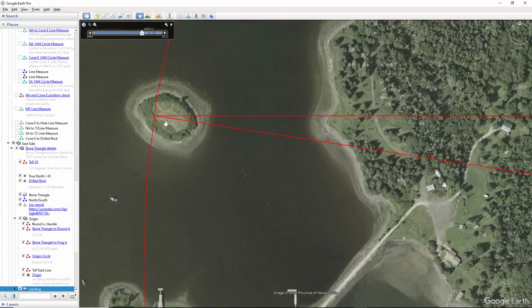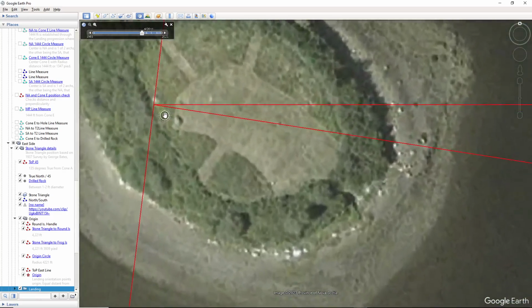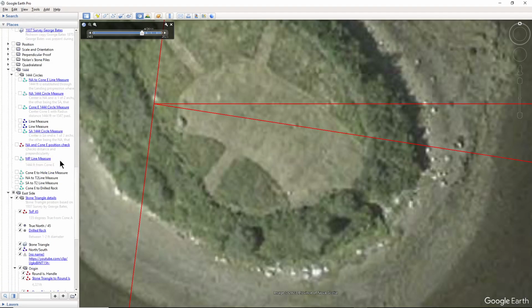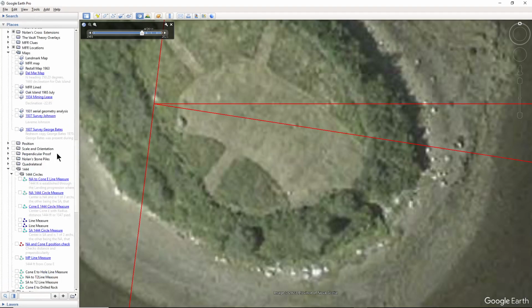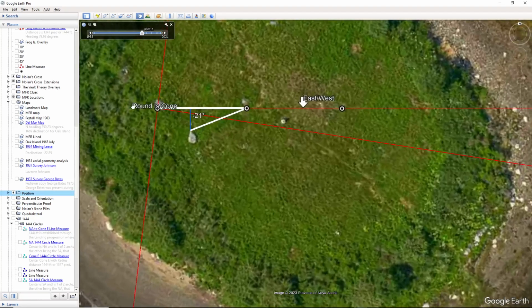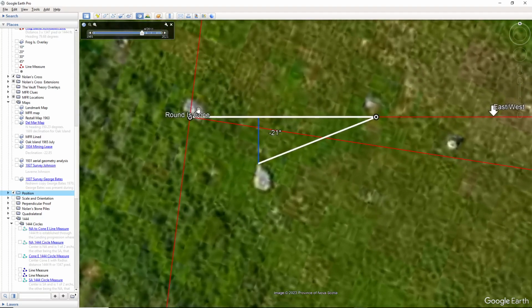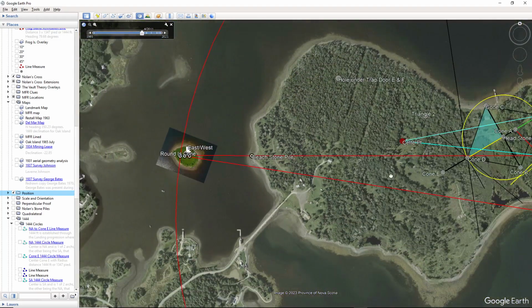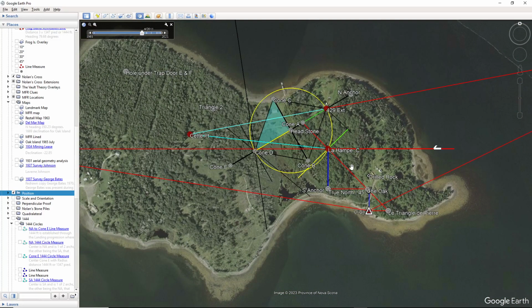intersects also at an equal distance to the stones on Round Island, which line up. I have a better picture here I can put up. These stones right here line up the east-west line, which is important in the orientation of the map.